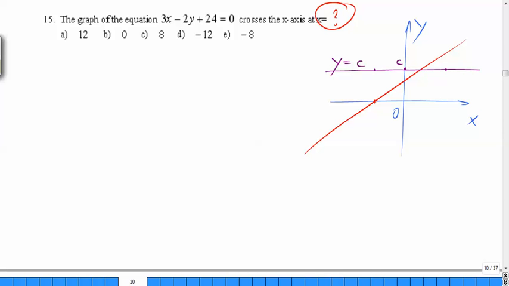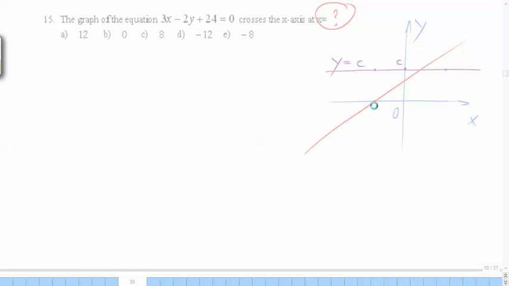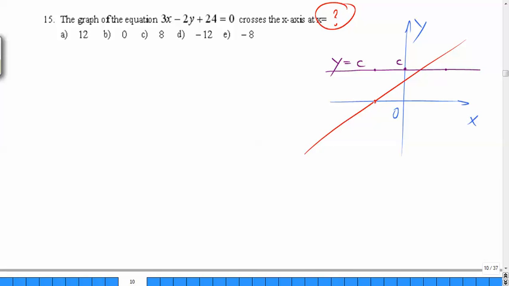How can I find that? Well, usually when your graph, your linear equation, crosses the x-axis, the y for that very point is actually 0. So y will be 0, right?